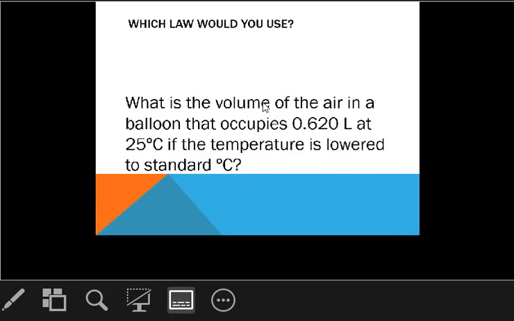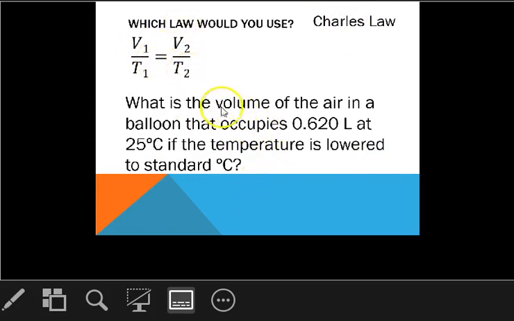All right. So in a balloon that occupies 0.620 liters at 25 if the temperature is lowered to standard. So the law that you would use to solve this problem is Charles's law, because we have volume over temperature equals volume over temperature.